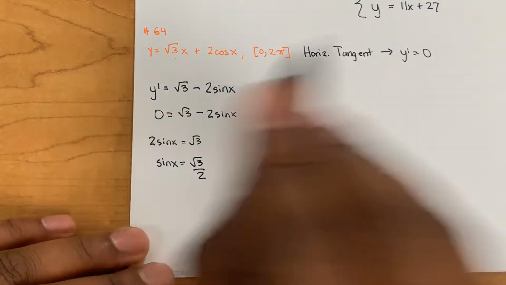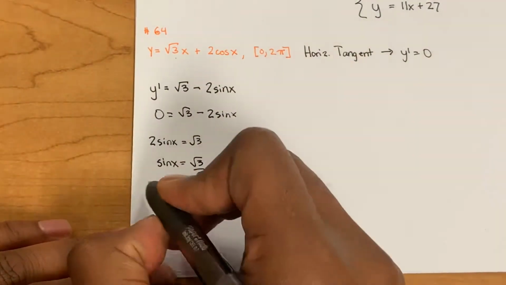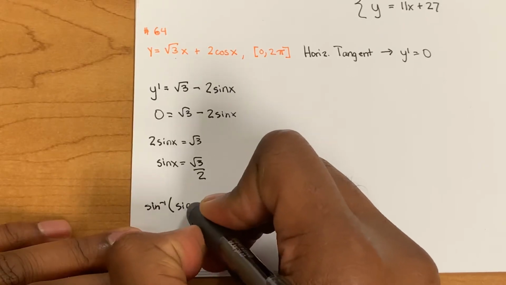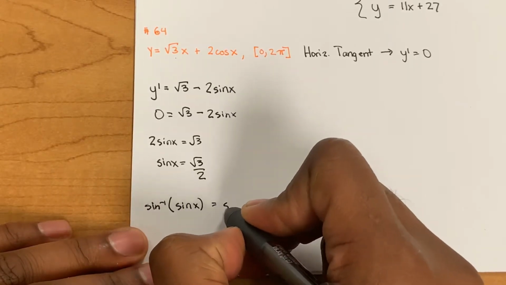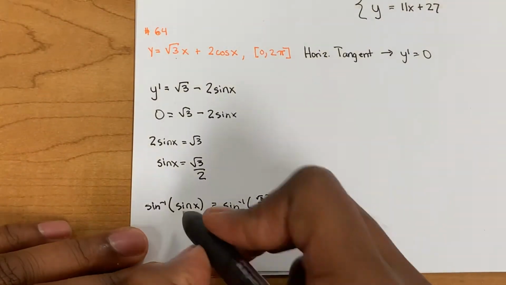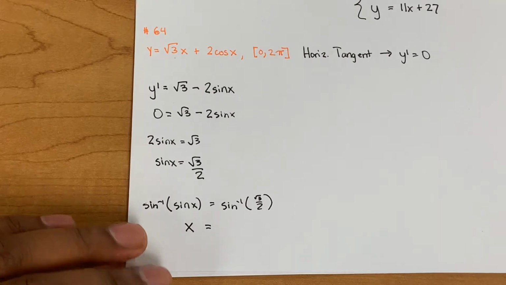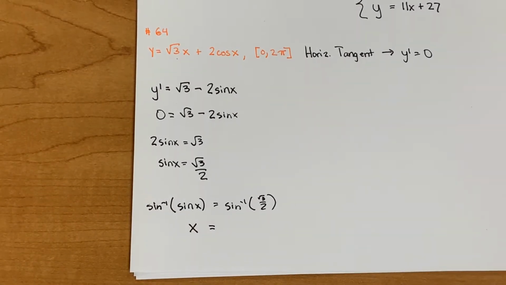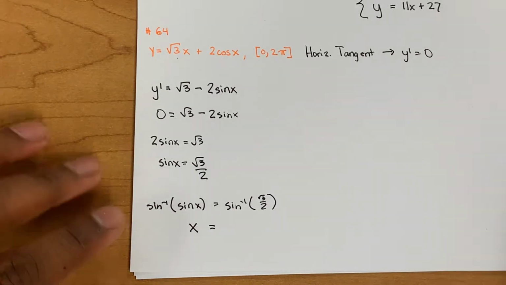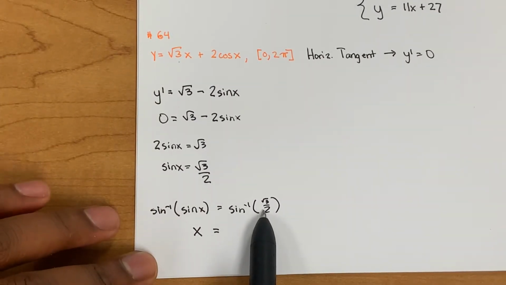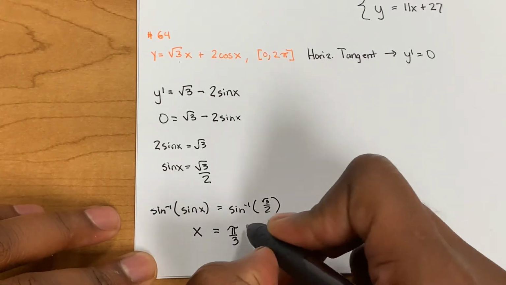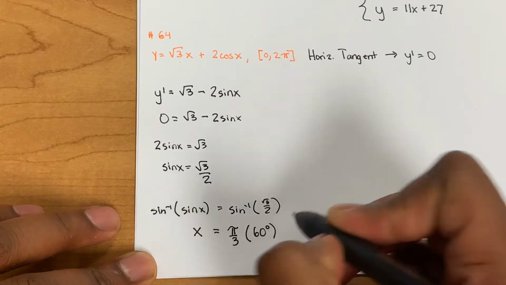So if we're solving this properly, we would introduce a sine inverse on both sides. So this gets us an x. And remember, inverse sine is properly defined on the interval negative pi over 2 to positive pi over 2 inclusive. So sine is square root 3 over 2 at pi over 3 or 60 degrees, whichever you prefer.